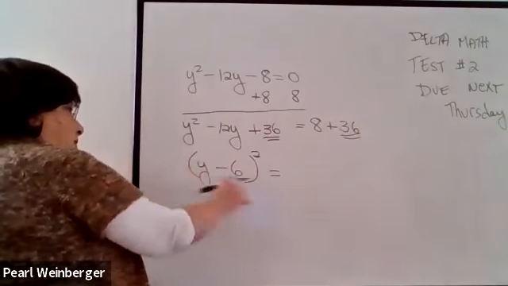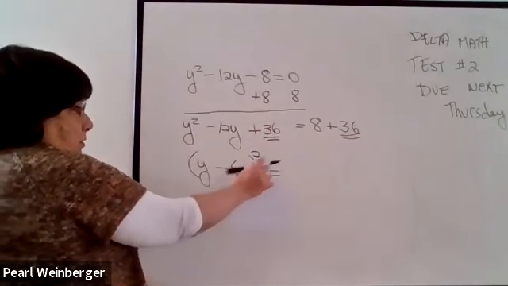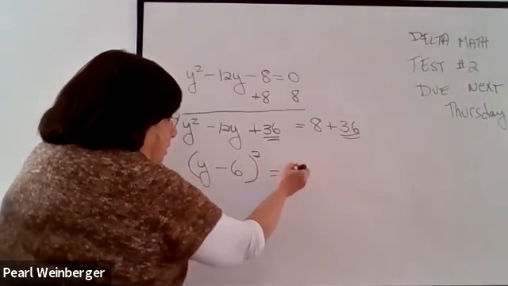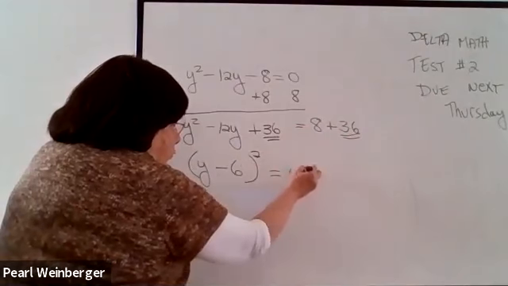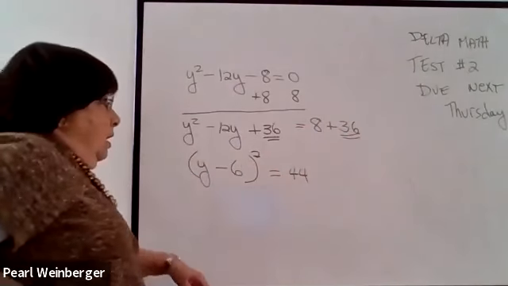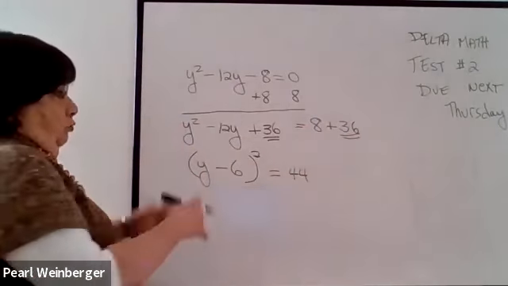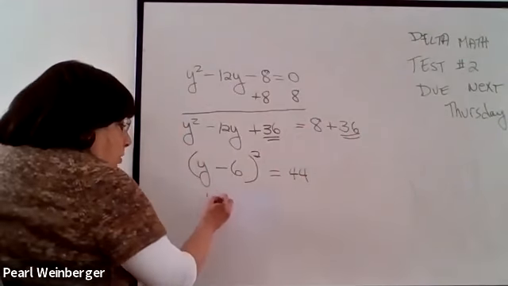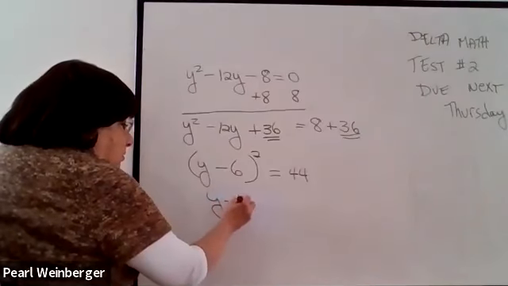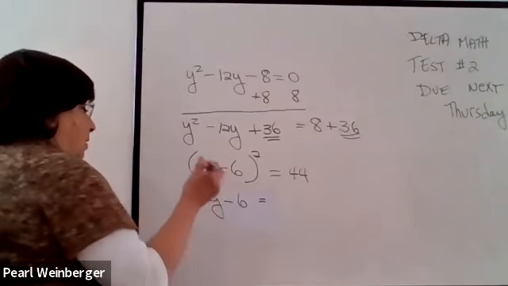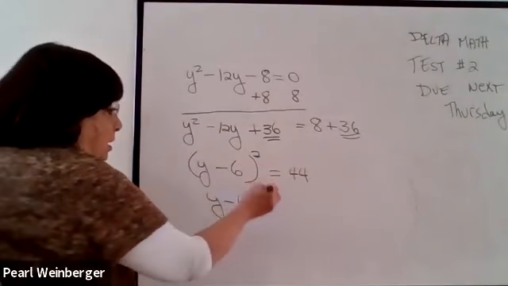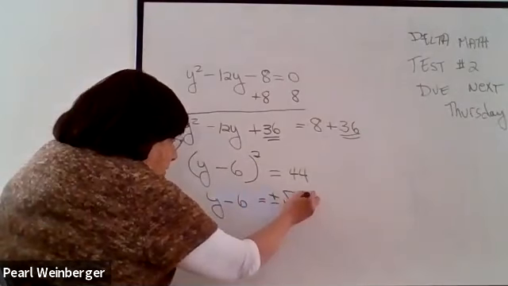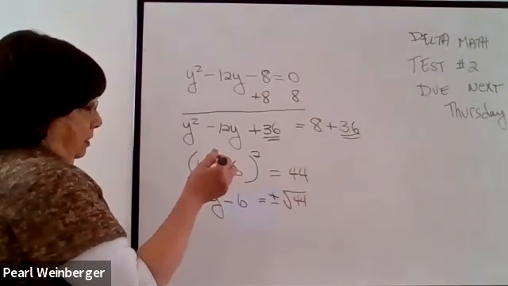So now, as I said, I've rewritten this as y minus 6 squared, and I add the 8 and the 36, and that gives me 44. And the next step, once I have the binomial squared equaling a number, is to take the square root. So I get y minus 6 on the left side and plus or minus the square root of 44 on the right side.